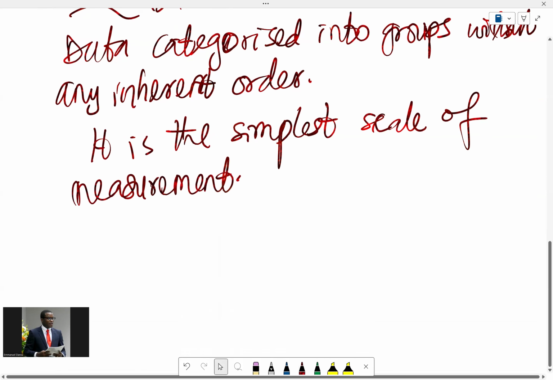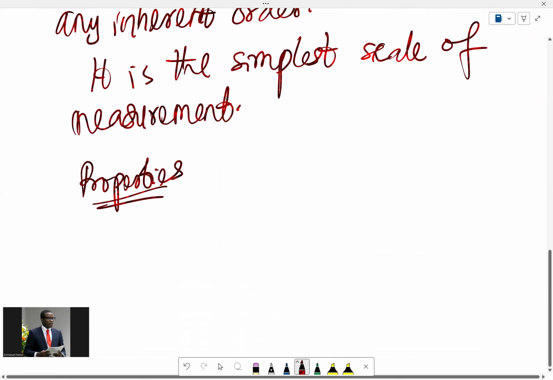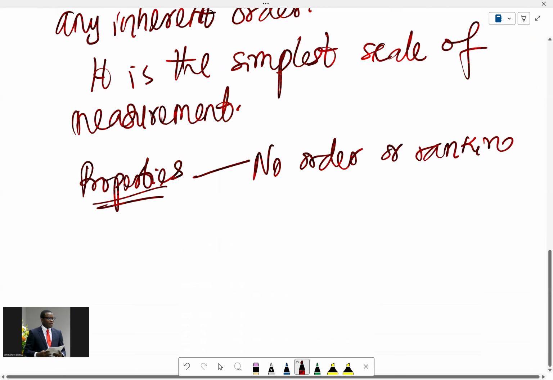So talking about the properties here. First of all, no order. It has no order or ranking between categories. So it's not like this is better than that.